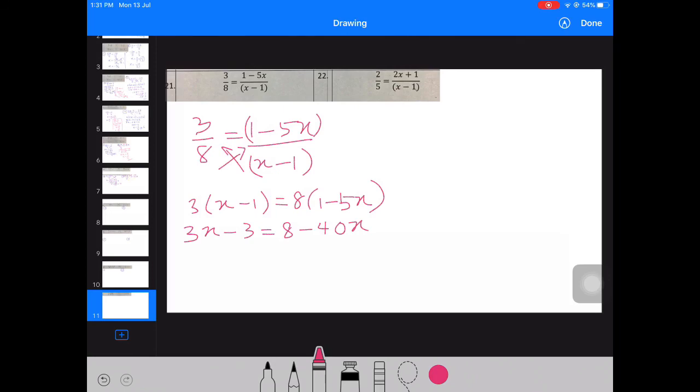3x minus 3 equals to 8 minus 40x. Then we group the like terms. 3x plus 40x equals to 8 plus 3. So 43x equals to 11. x equals to 11 over 43.